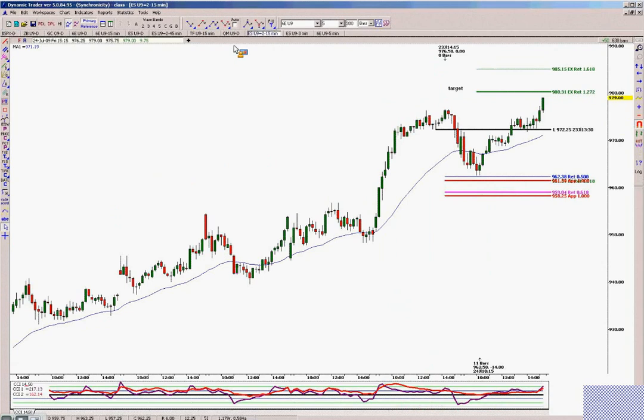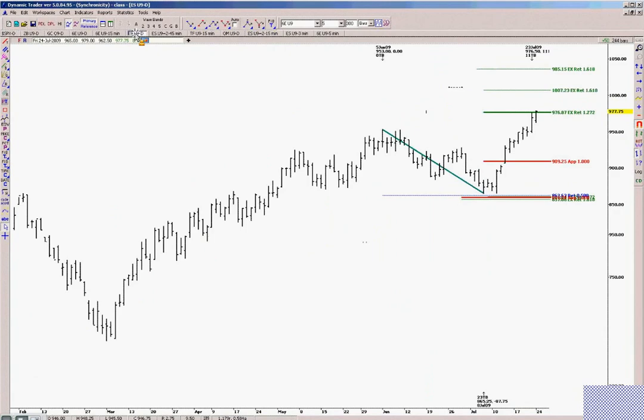Yes, and from the time that we cleared that 100%, I had the bias for at least the deeper upside correction and possibly more, and at that point was able to state that the target, in the case of the S&P, was 976.